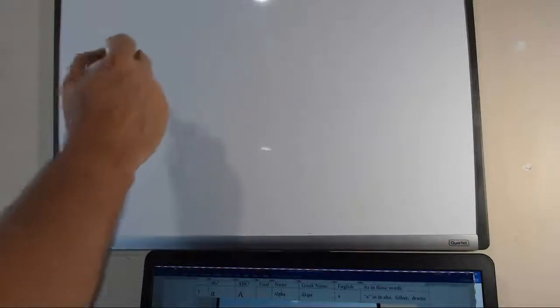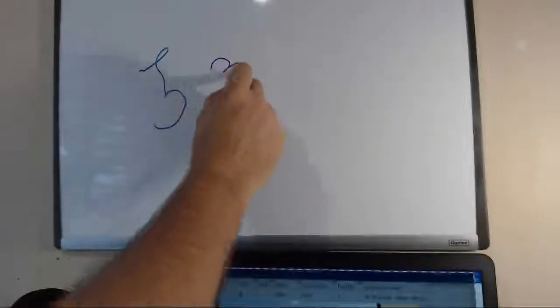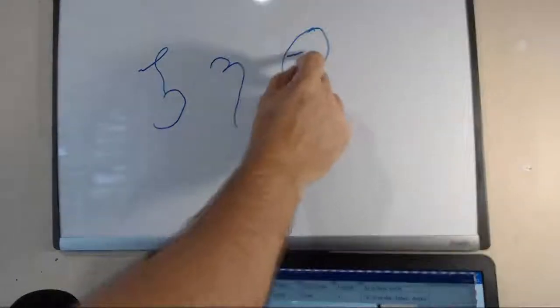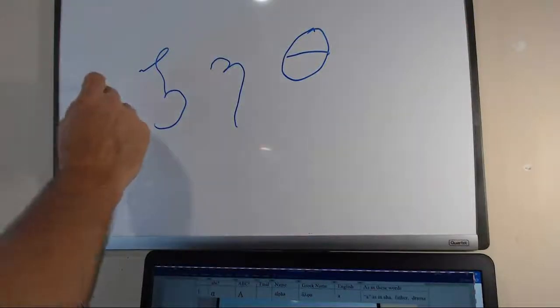Now, I found that it's easiest to remember these if you go in chunks like that. So the first five: alpha, beta, gamma, delta, epsilon, zeta, eta, theta. Those kind of rhyme to me, and so I memorized them together.